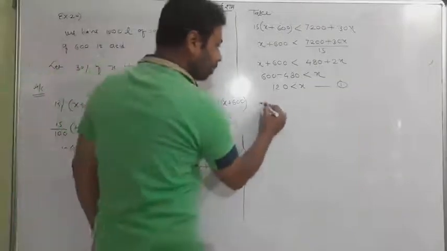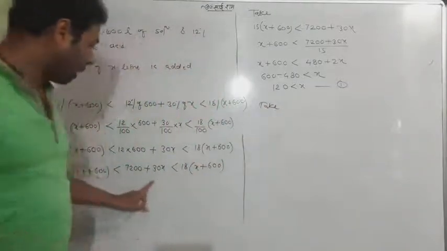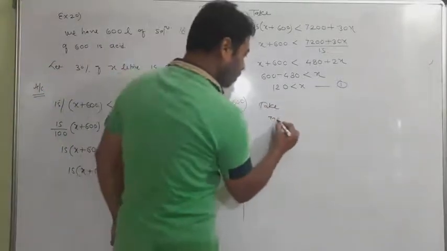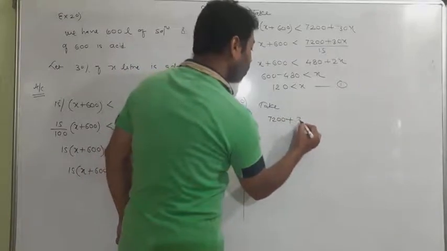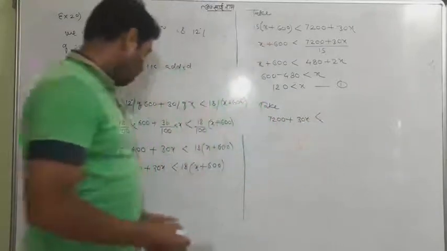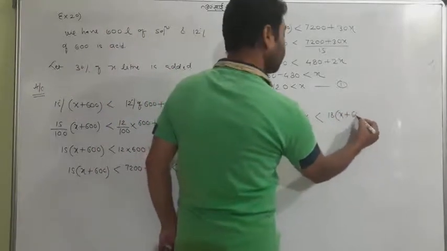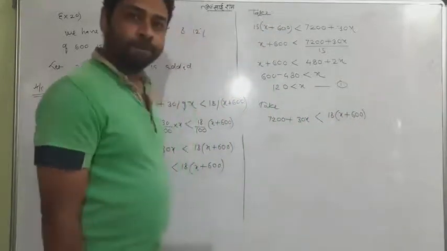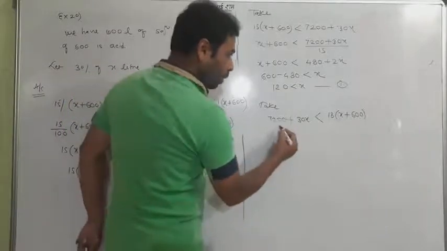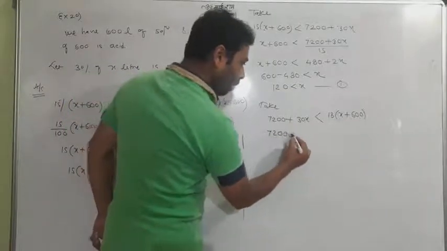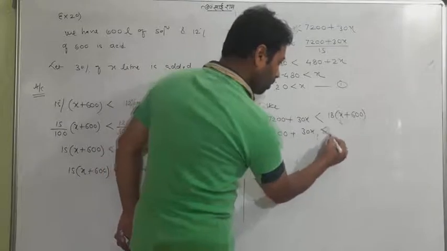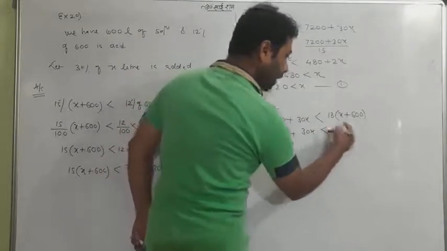Now I'll take the latter one, 7200 plus 30X less than 18 into (X plus 600). What will be done? We'll try to simplify that. Multiply 18 into X and into the bracket.